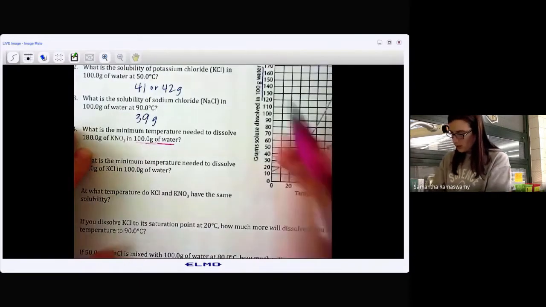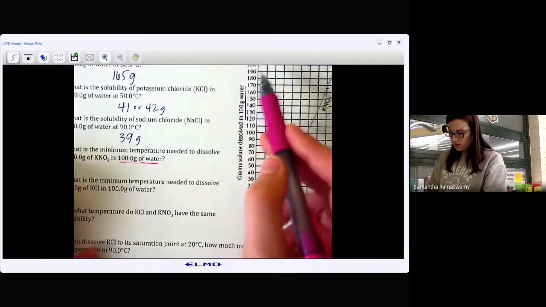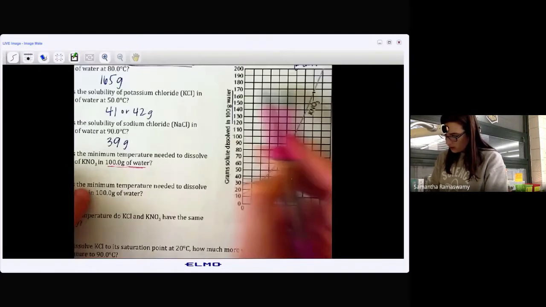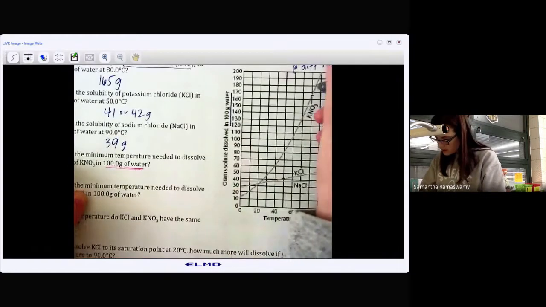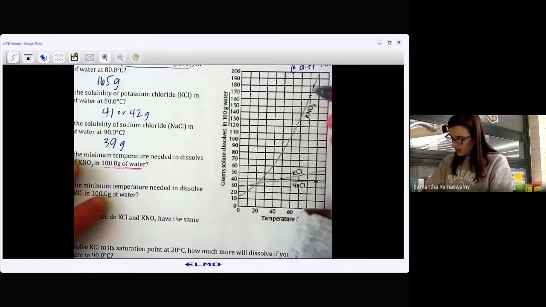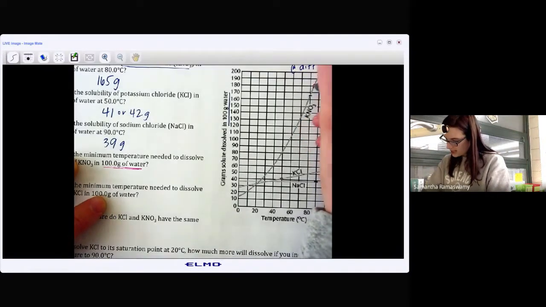I want the minimum temperature needed to dissolve 180 grams of KNO3. So now I'm going to go to the y-axis of my curve. Here's 180 grams. I'm going to follow it all the way over to the KNO3 line and then go down to temperature. Notice I'm not on an exact temperature line.